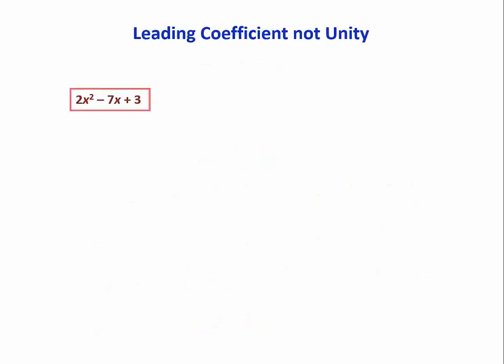One more variation is that if the leading coefficient is not unity, here it's a 2 instead of a 1, then the same method can be used. You can divide the polynomial into its first differential, and the coefficients you get are the sum of the roots, the sum of the squares of the roots, and so on.